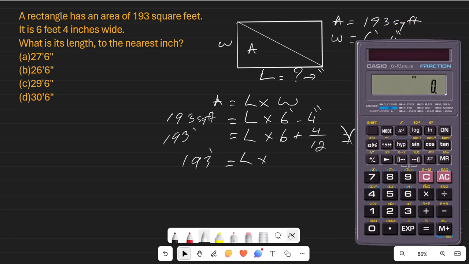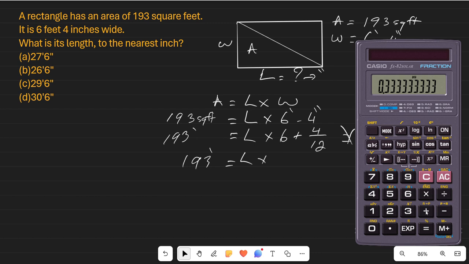Okay, now 4 divided by 12 equals, and plus 6 equals what? 6.33.